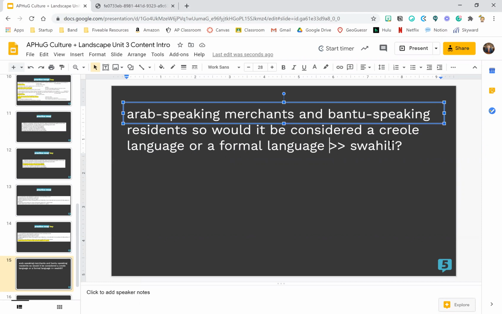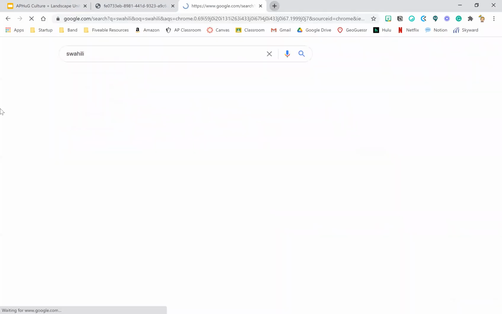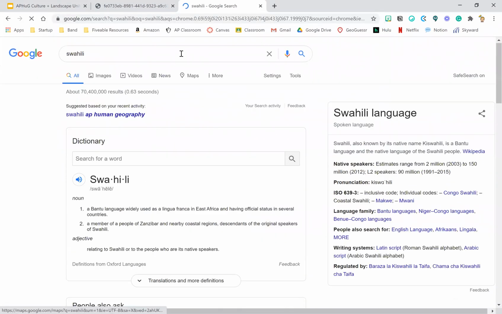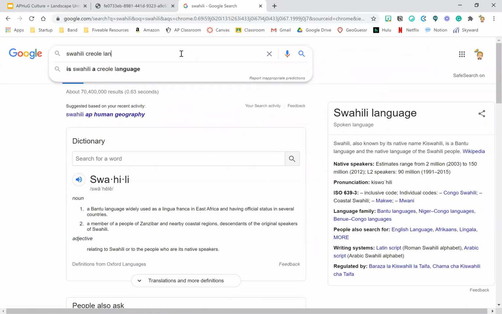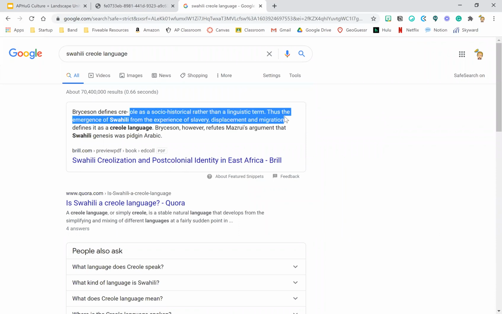So it was created, if I remember correctly, I'm gonna have to do some research here, but Arab-speaking merchants and Bantu-speaking residents. So it was created as a combination of the two languages, if I remember correctly. It used to just be a lingua franca, but let's see.